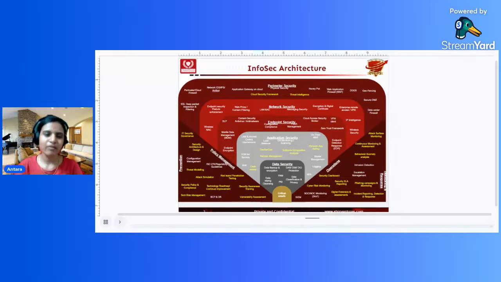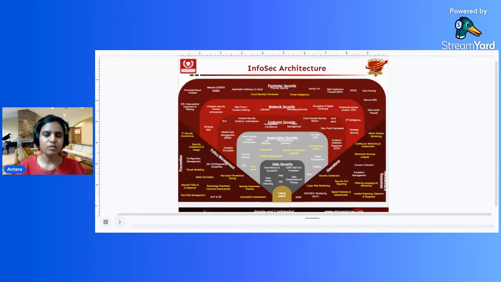Then we have secure architecture design and review, which is very important in the SDLC process. Then we have red teaming and penetration testing that we usually do on all the assets, threat modeling, and attack simulation. Then we have technology roadmap and continuous improvement. There are tons of other things, right? Security awareness training is one of the important aspects in this.